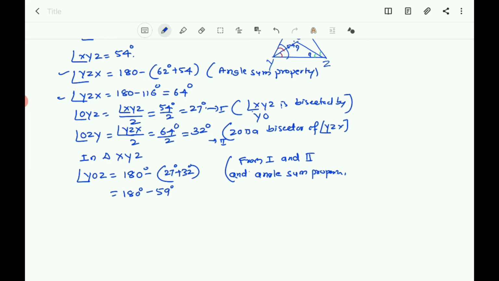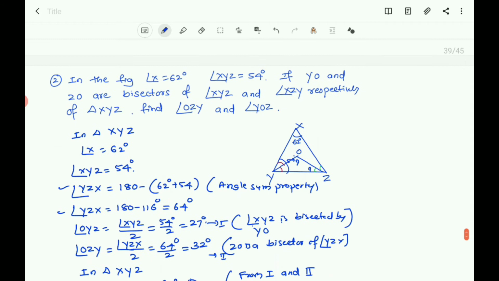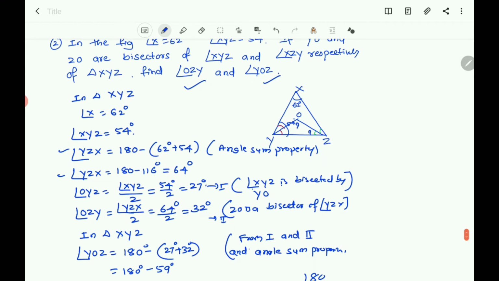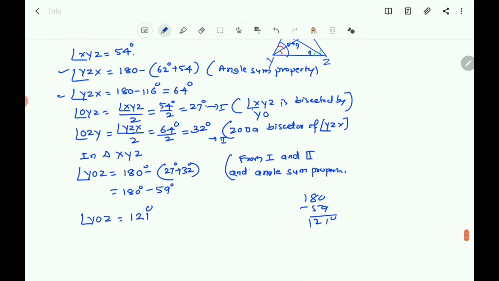That is angle YOZ is equal to 180 minus 59, which is 121 degrees. That is the measurement of the angle YOZ. Here you have OZY and YOZ. OZY is here 32 degrees and YOZ is 121 degrees.